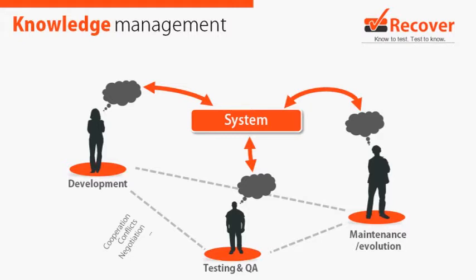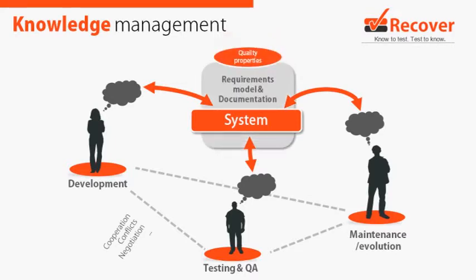Doing this taking into account only the knowledge that is in the mind of each of the roles involved is sometimes difficult, because we are based on expectations that are not explicit anywhere. So sometimes we require some requirements model or some documentation to be the base for addressing the problems derived from this kind of relationships in a project.